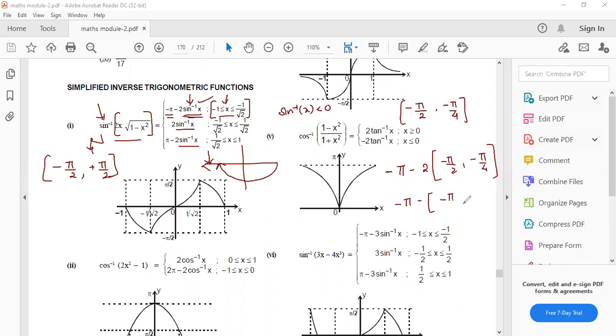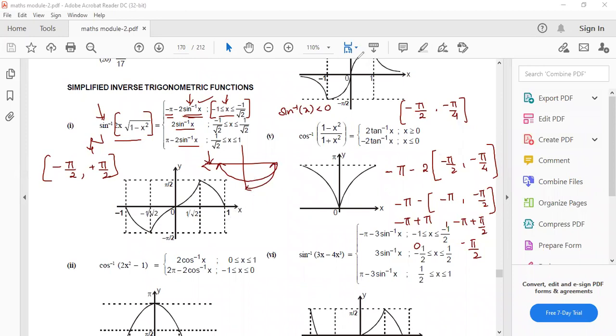If you multiply, it would be the values ranging from minus pi to minus pi by 2. Yes or no? And if you open the bracket, the two ranges you will get: minus pi plus pi and minus pi plus pi by 2. So will that be 0 to minus pi by 2? Will this be the case? That is the fourth quadrant, which we already need.